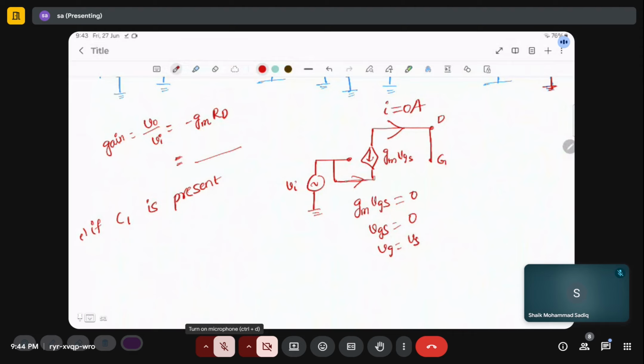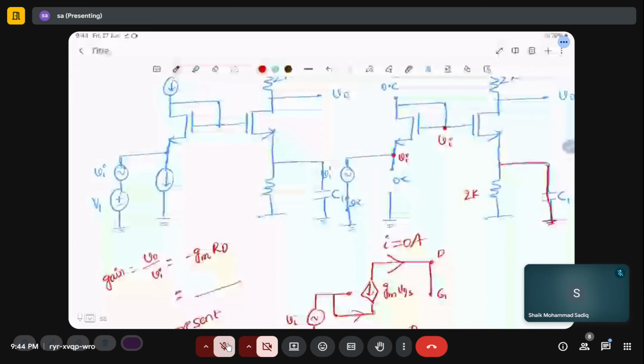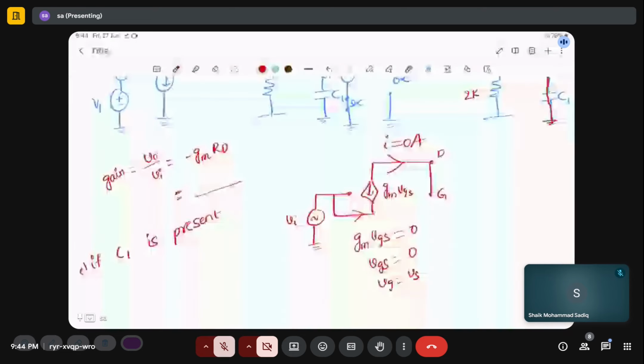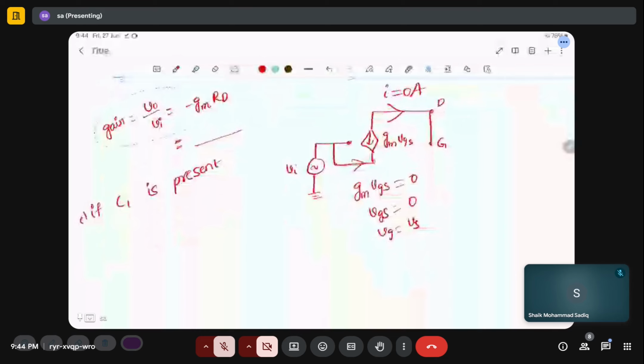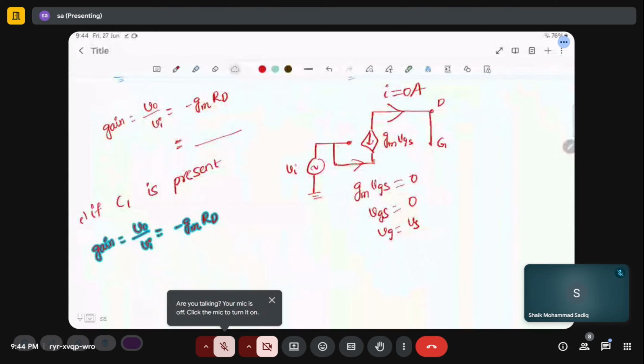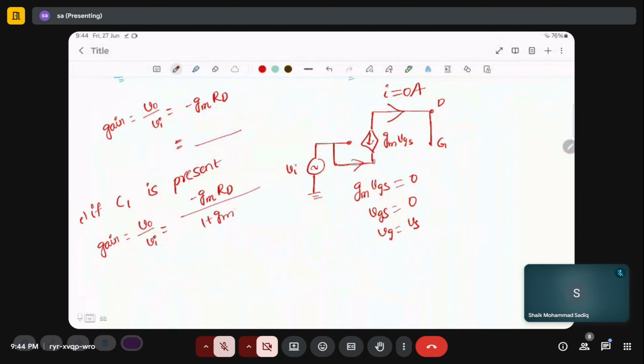By how much does the gain decrease? By 1 plus gm RS. So the gain becomes minus gm RD by 1 plus gm times RS parallel 1 by sC.